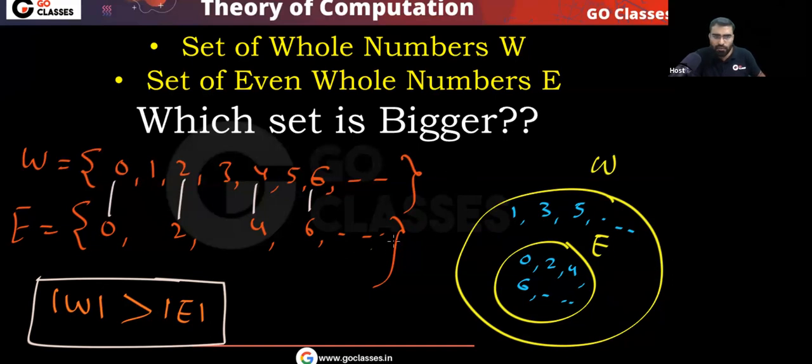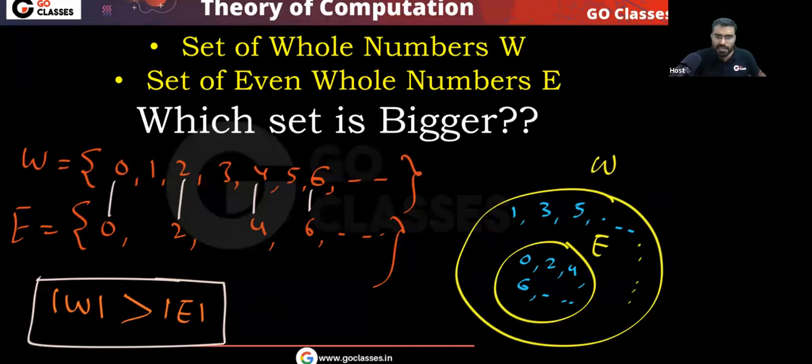Remember, every element of E is already in W, but W has some extra elements. How many extra elements does W have? Infinite number of extra elements. So can I say that W cardinality is greater than E cardinality?